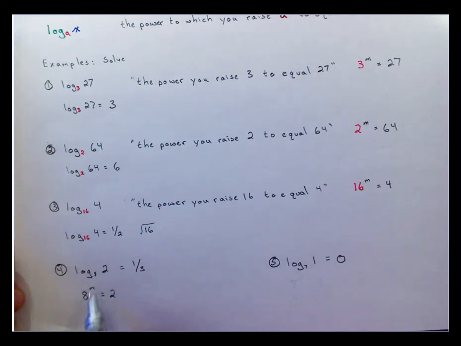So what I'm saying is that the base, the exponent, this what you equal from a log is your exponential power, exponentially written, equals 2. So what this says, and I'll write it like this, is the cube root of 8 equals 2. Or 8 to the 1/3 power equals 2.